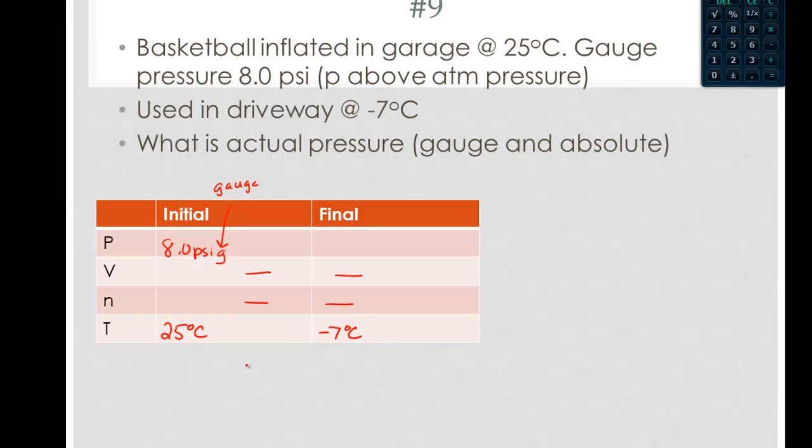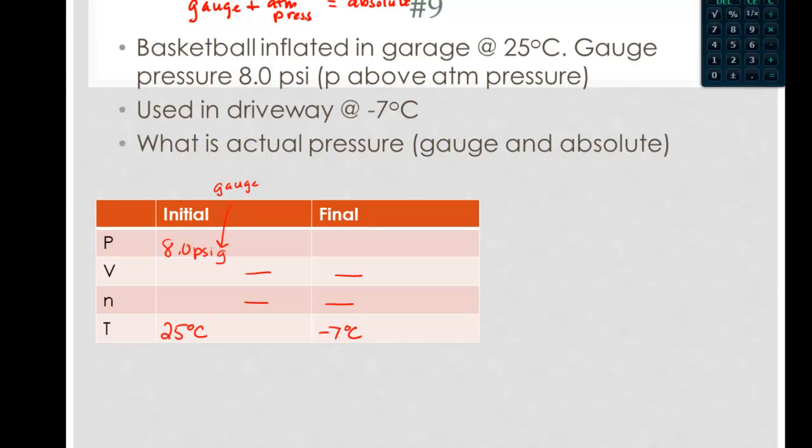Well, everything that goes into the gas laws needs to be in absolute units, and Celsius is a scale. Gauge pressure is also a scale. To turn a gauge pressure into an absolute pressure, you need to add atmospheric pressure.